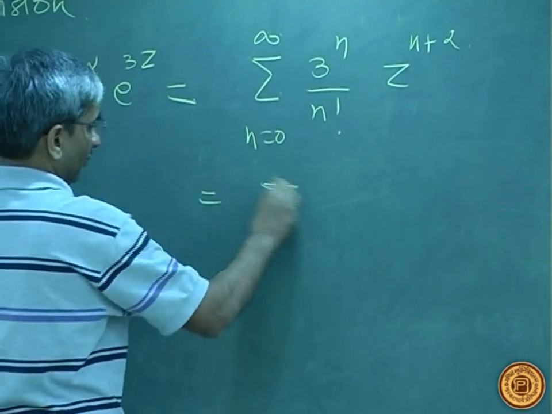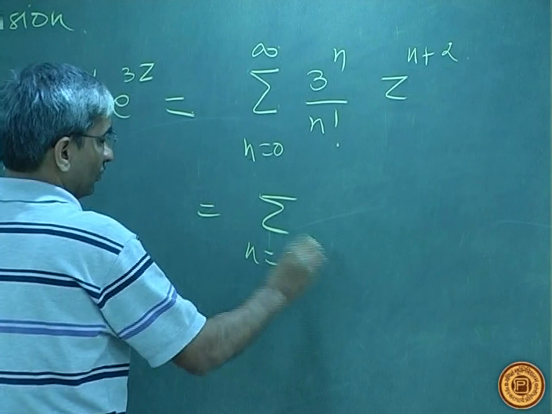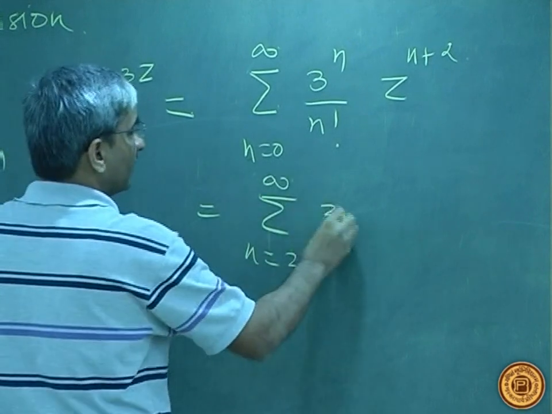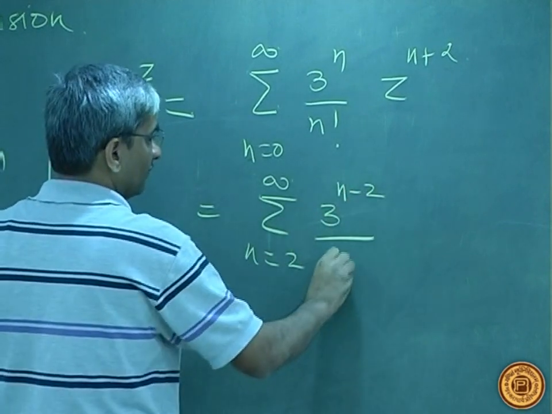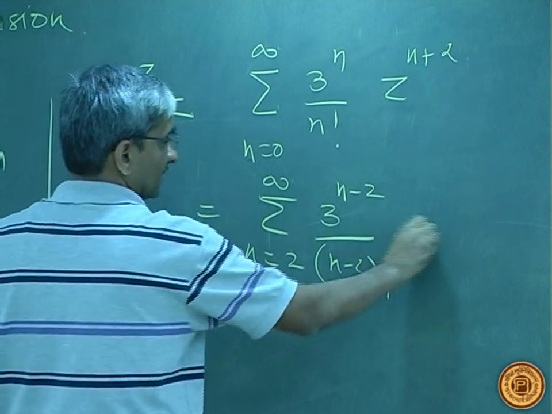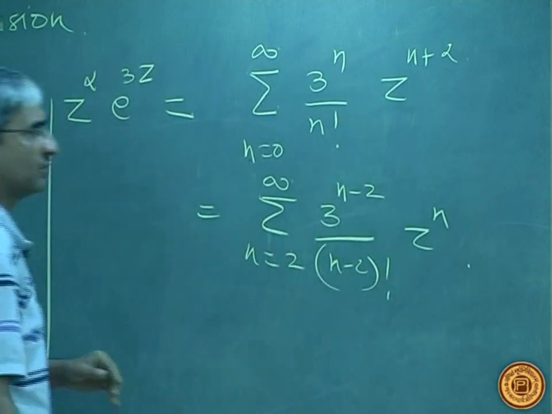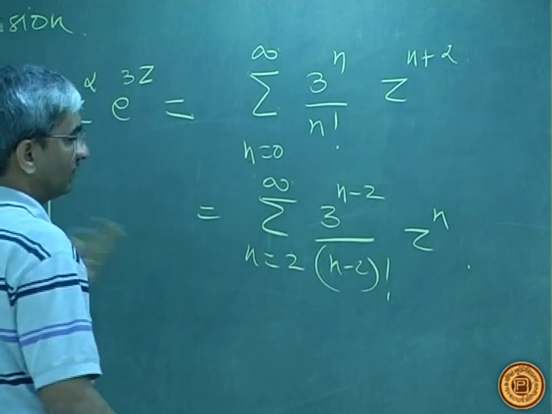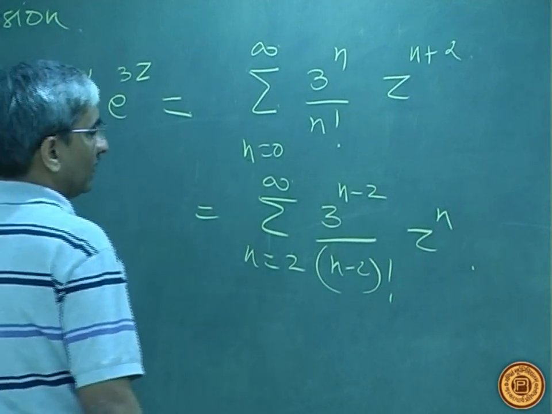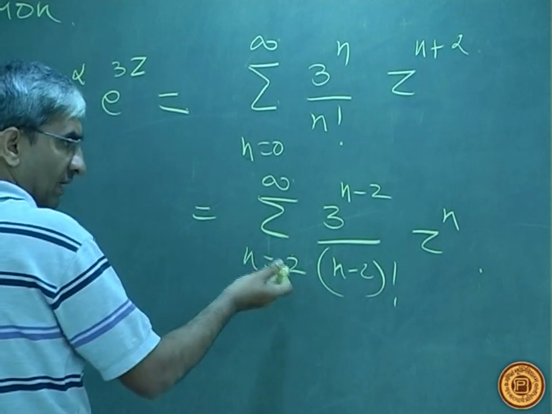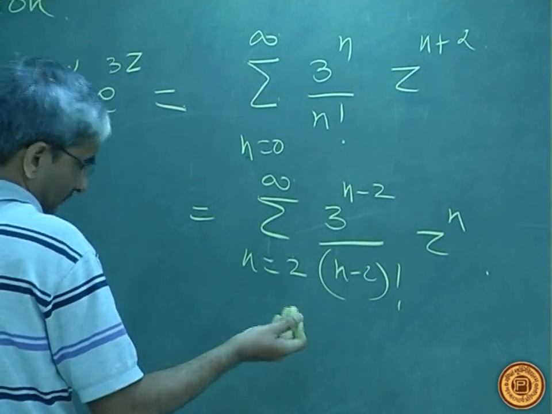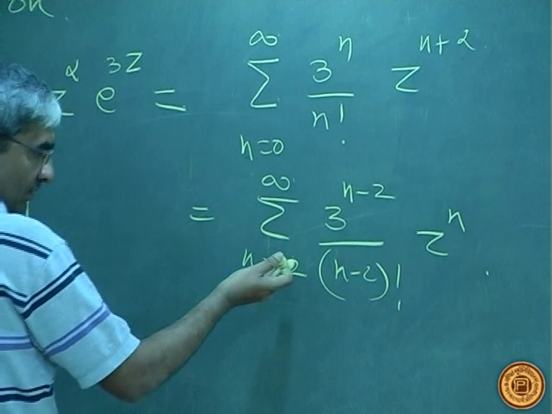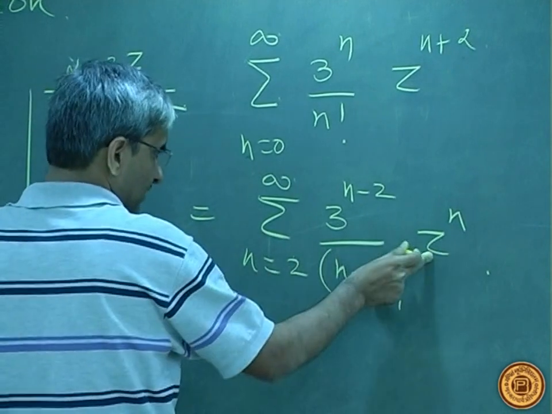So you can also write this as the summation from n equal to 2 to infinity of 3 power n minus 2 upon n minus 2 factorial, z power n, if you want to see z power n here. But that means the series starts with z square.